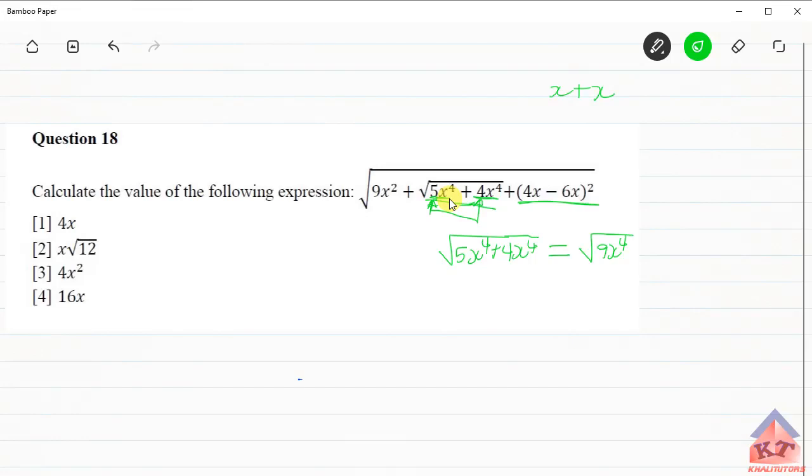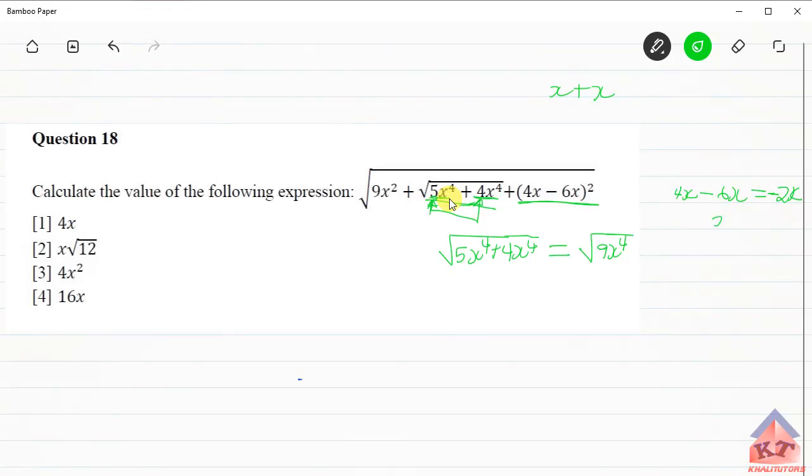So we know that 4x minus 6x gives us negative 2x. Okay, this is not clear. Let me fix it. It gives us negative 2x. So we'd have negative 2x inside this square root.